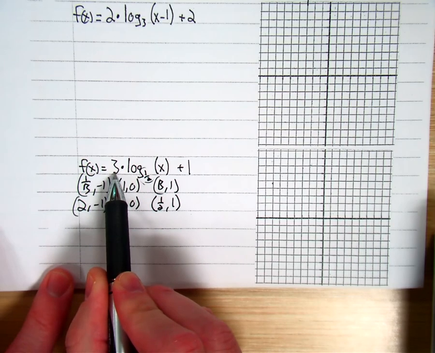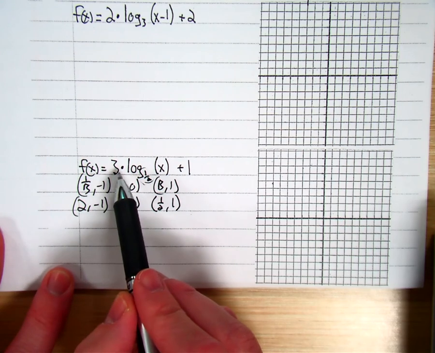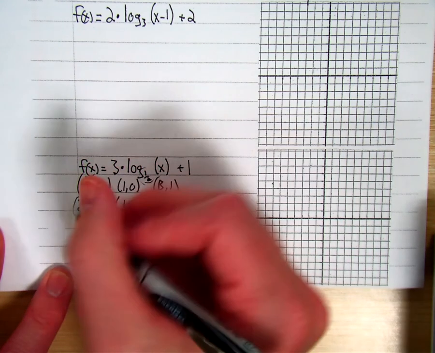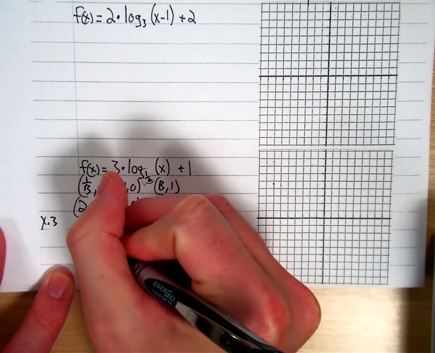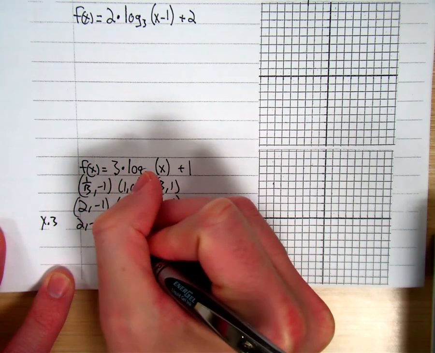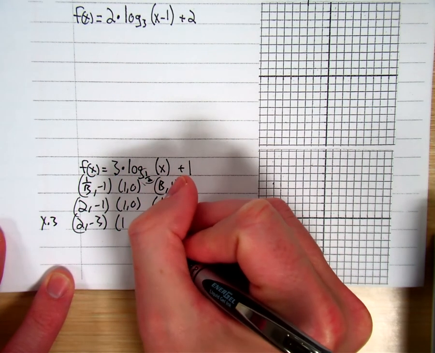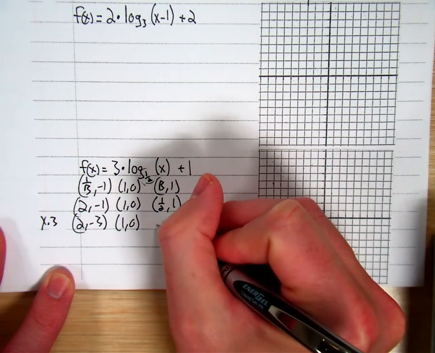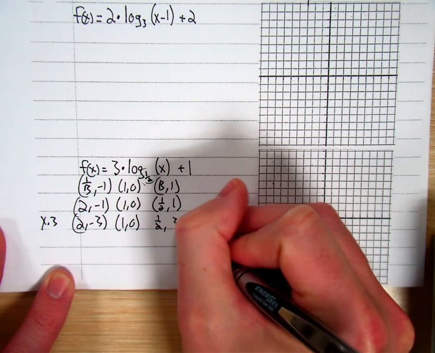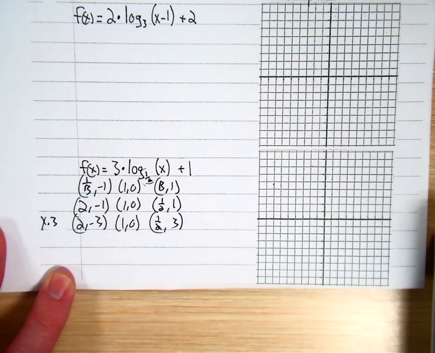Okay, we got a multiplier in the front. So just like before, multiplier in the front, that is going to go to the y's. Let's do that first. Y's times 3. So now it's 2, negative 3. 3 times 0 is still 0. And half, comma, 3.